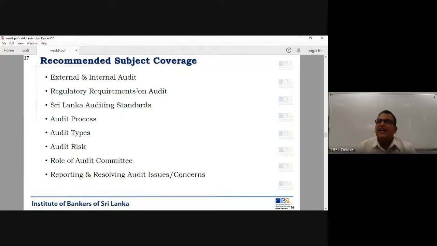In this topic I would like to cover external and internal audit, regulatory requirements and the Sri Lankan auditing standards in a very brief manner, the audit process, audit types, audit risk, the role of the audit committee, and reporting and resolving audit issues and concerns. These are the topics I will discuss in this area.